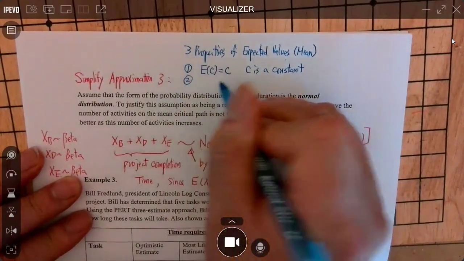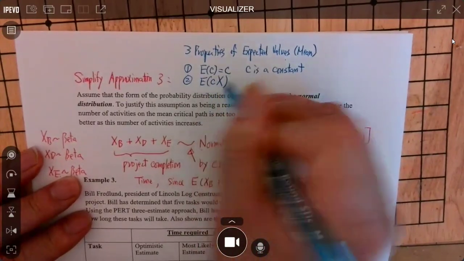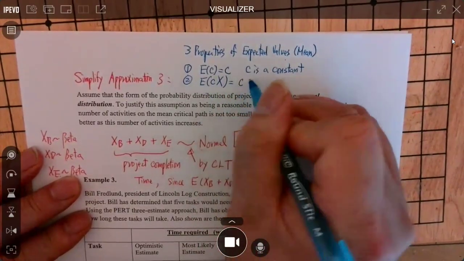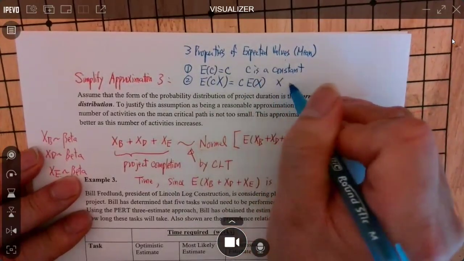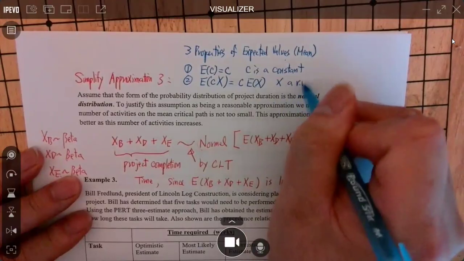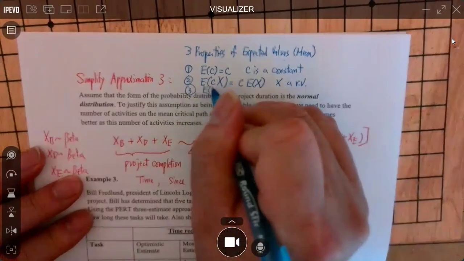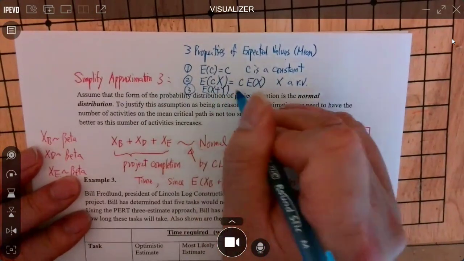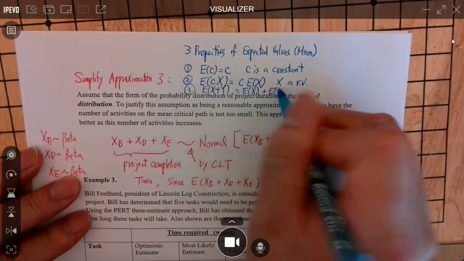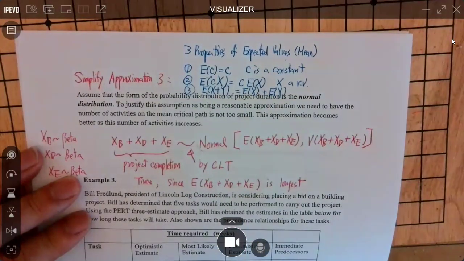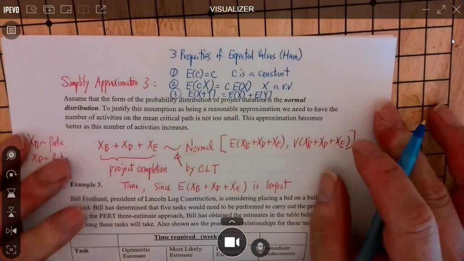Property 2: the expected value of a constant times a random variable X is C times the expected value of the random variable. And 3: the expected value of X plus Y is EX plus EY. Those are the 3 properties you should know about expected value, or mean, of a random variable.